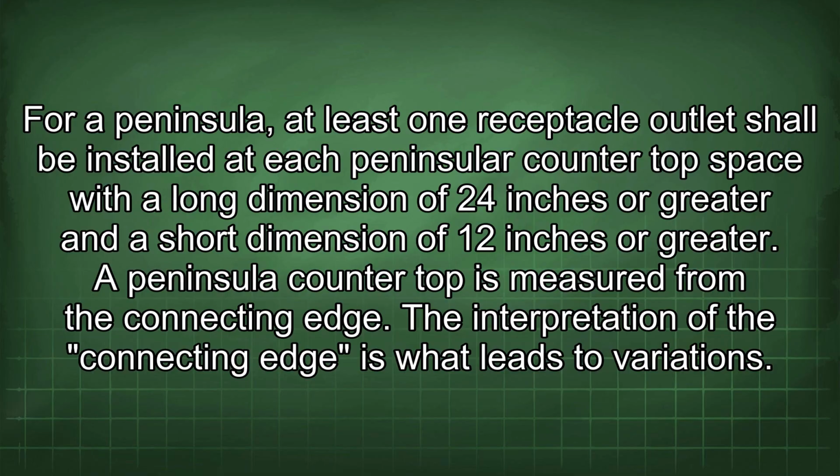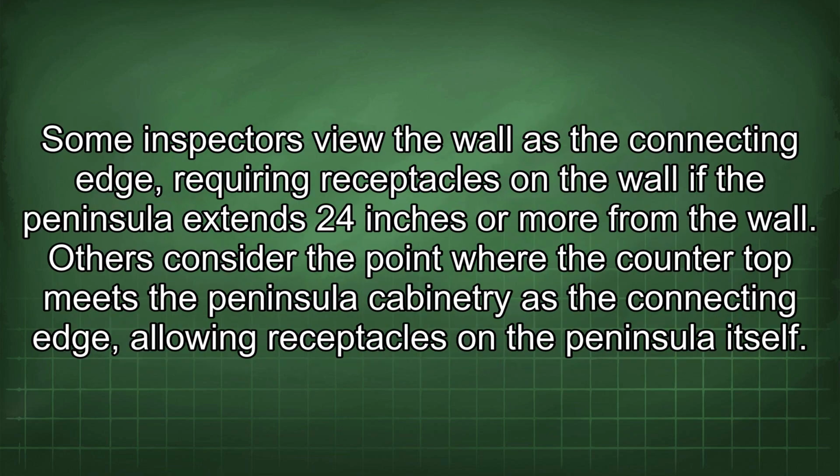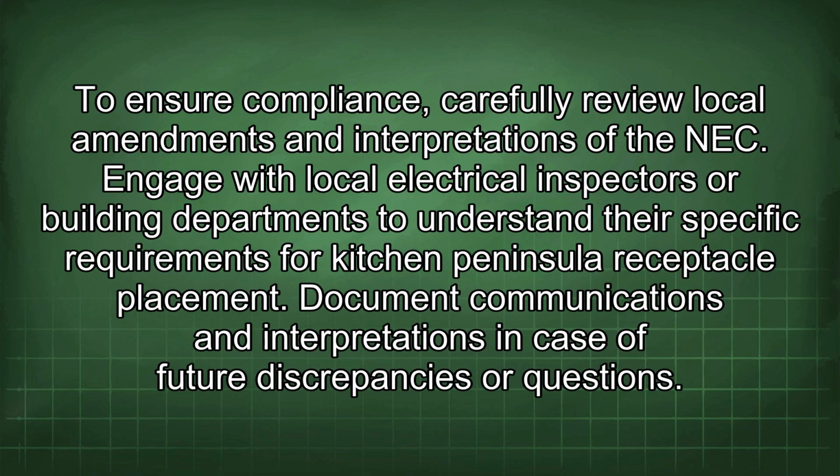The interpretation of the connecting edge is what leads to variations. Some inspectors view the wall as the connecting edge, requiring receptacles on the wall if the peninsula extends 24 inches or more from the wall. Others consider the point where the countertop meets the peninsula cabinetry as the connecting edge, allowing receptacles on the peninsula itself.